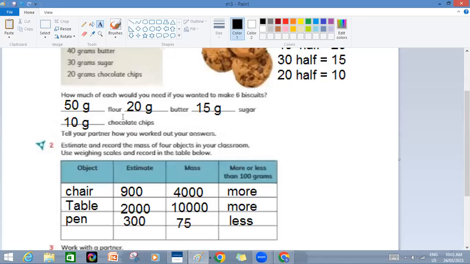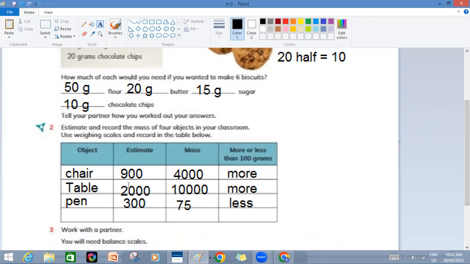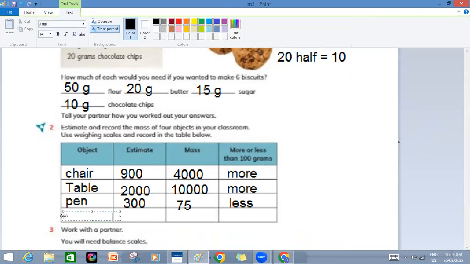Now, estimate and record the mass of 4 objects in your classroom. Use weighing scales and record in the table below. So we use a chair, table, and pen. First we did an estimation and then we wrote the actual mass. Then we decided whether it is more or less than 100 grams. Last one, let's write eraser.